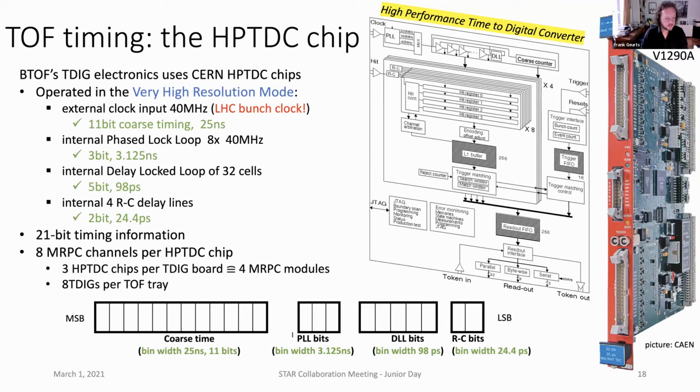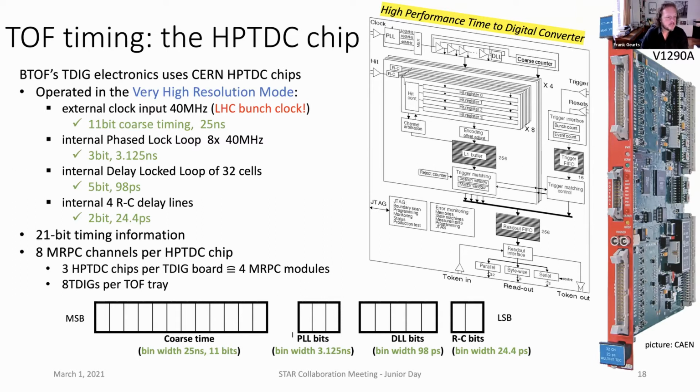Well, now you know it. And so this 40 megahertz external clock is what provides us the first 11 bits in a 21-bit timing information. So this gives us this coarse timing whose least significant bit is 25 nanoseconds, which again, for LHC aficionados should sound very familiar.